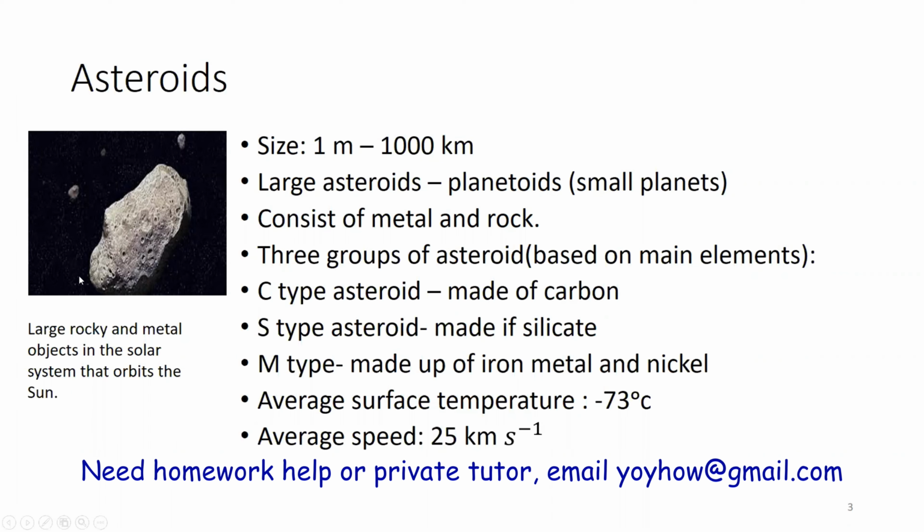What is an asteroid made of? Like your meteorite, because a meteorite is a fragment of an asteroid or comet, of course the composition will be the same as well.